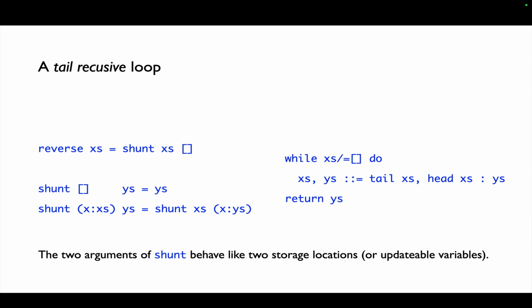So tail recursion gives us this way of simulating updatable variables. It gives us that way of programming by changing the state of a machine, if you like, rather than computing the value of a function. But it is then less clear how a program behaves. So there's a trade-off there. There's efficiency for comprehensibility.